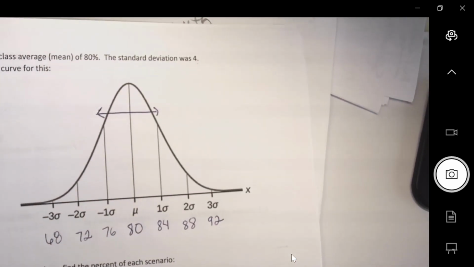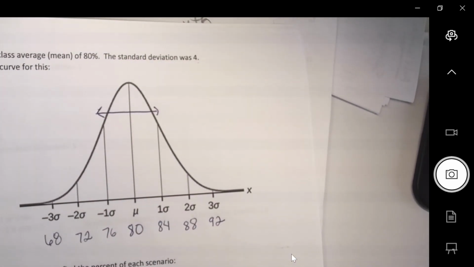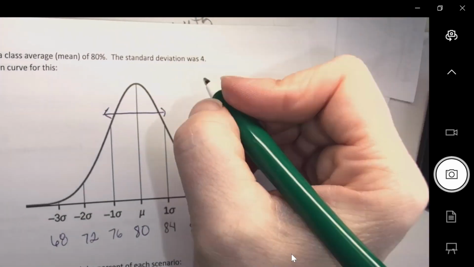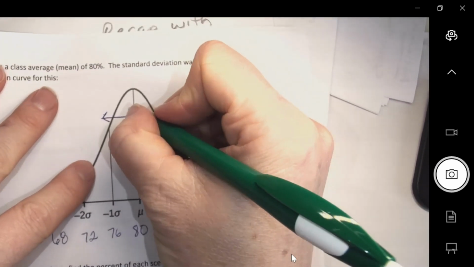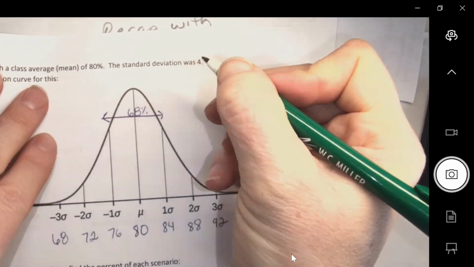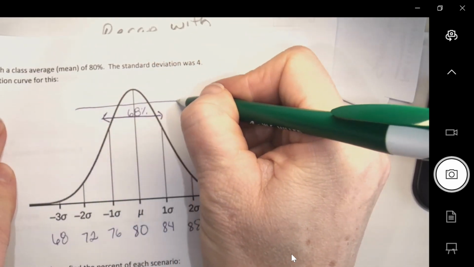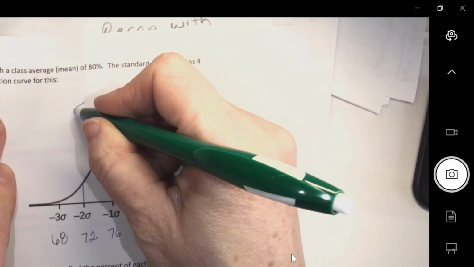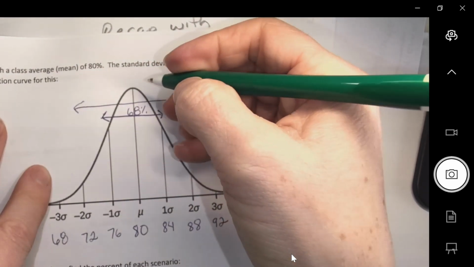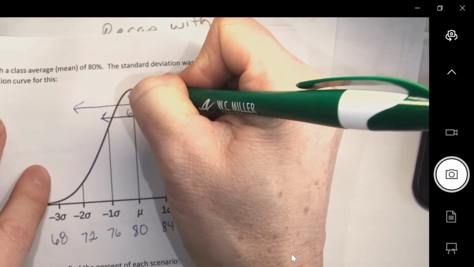Okay, I would probably give you the big rules. So the big rules I would tell you are between 1 away, 68% of your data falls in that zone. 2 away is 95%.